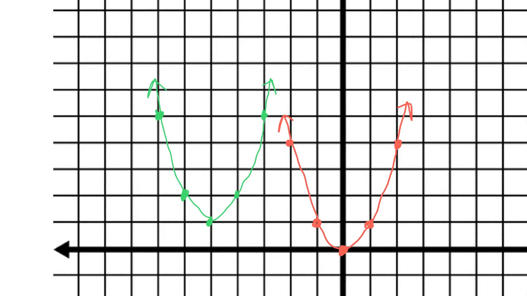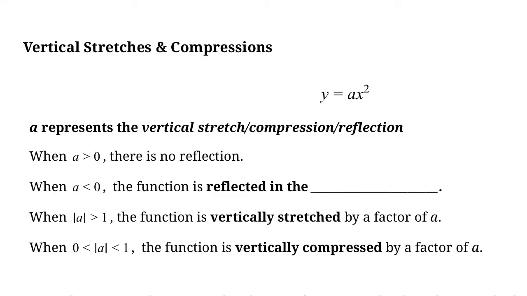Now, in terms of comparing the two, the one in green has been shifted over 5 units to the left, because remember, we subtracted 5 from all of our x values, and it also has been shifted 1 unit up. Remember, our k value was a +1, which implies that all of our data points need to be shifted upwards by 1 unit.